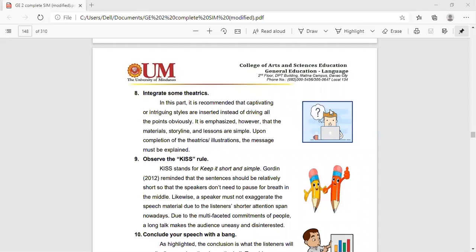And or pwede po siya if done poorly, it could distract the audience. I remember na nag-report ang iyang mga gipangbutang dito ng mga images kay mga animes, mga yana gani tapos doesn't really fit the topic or dili related sa topic.